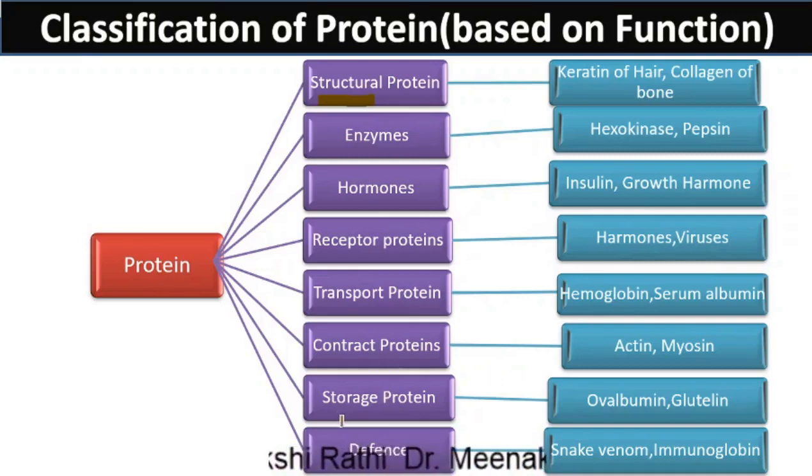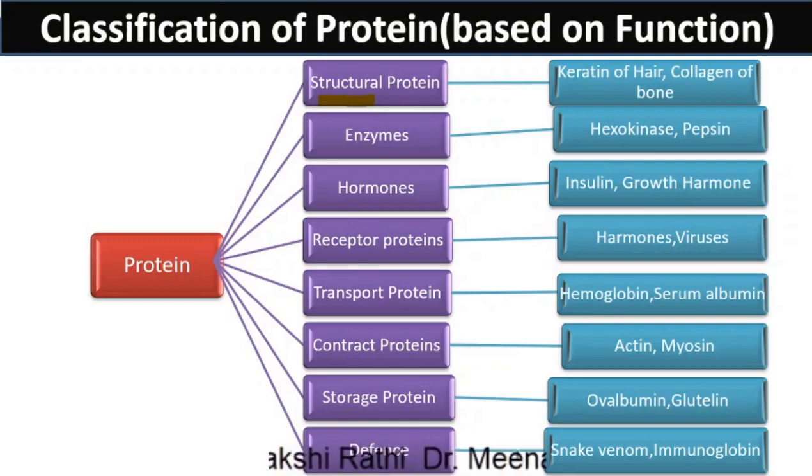Storage protein: these proteins store some food which we eat, like ovalbumin which is present in egg, and glutenin, which is present in wheat. So these are called storage proteins. The last type of protein based on function is defense protein. If some foreign body enters our body, these proteins fight with those foreign bodies and protect our body.